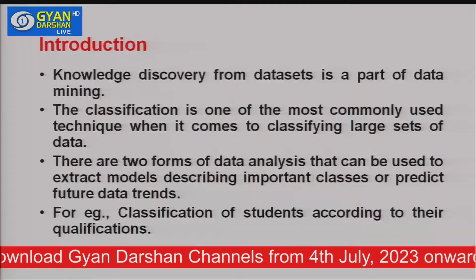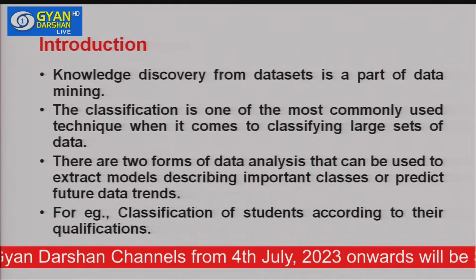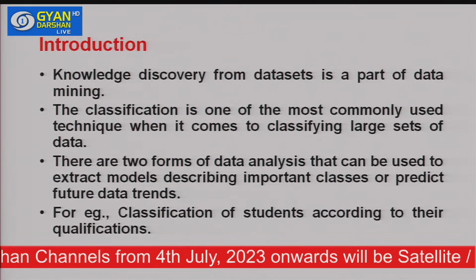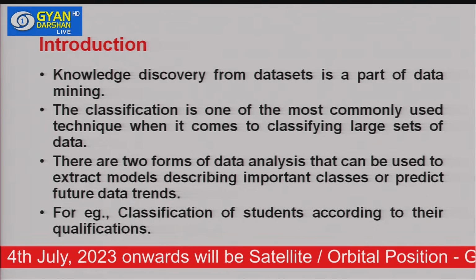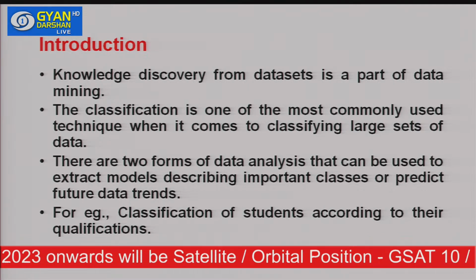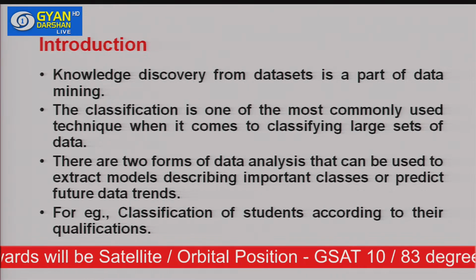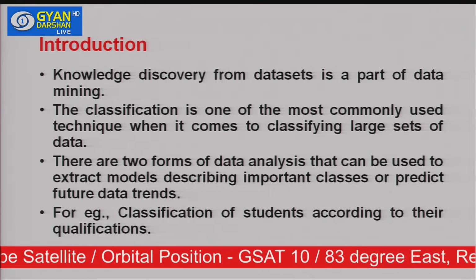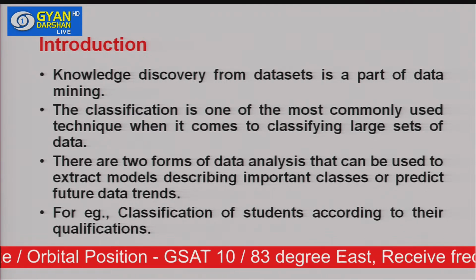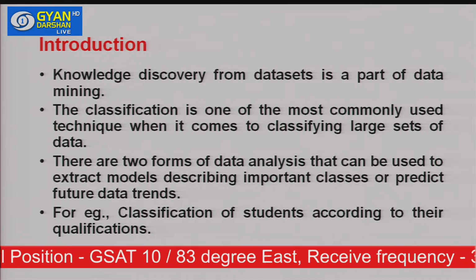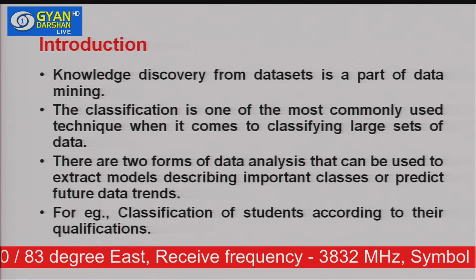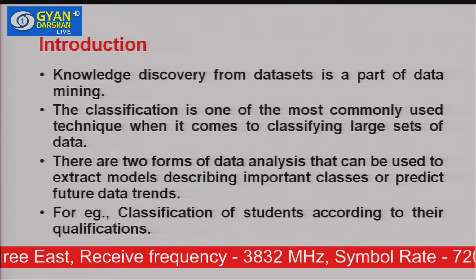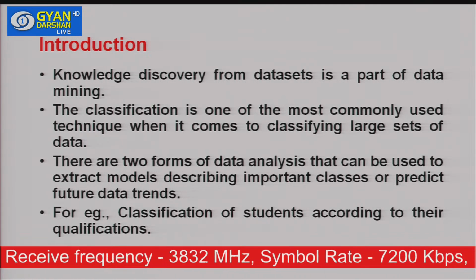If you look at the different forms of knowledge discovery, we already saw association rules. Classification is another most commonly used technique when it comes to classifying a large set of data. Usually we use two forms of data analysis technique, where we try to describe the important classes or predict future trends.